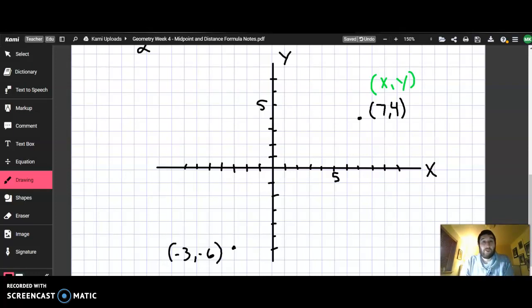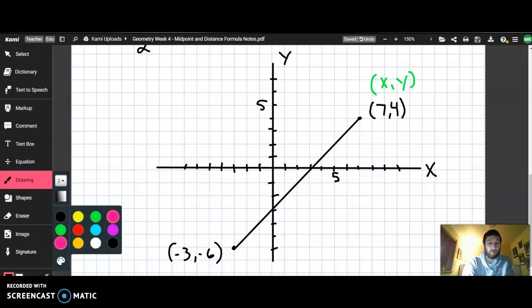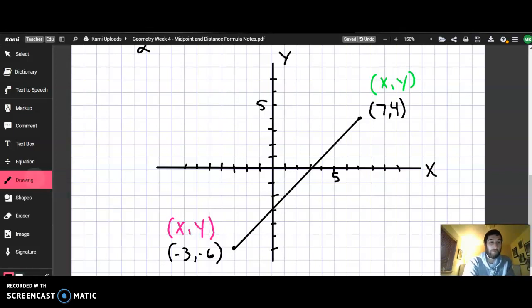So let's talk about finding the average. Let's talk about finding the middle. This is our line segment. Both points are (x, y). We have a pink and a green one here. If we want to find the middle, we could try to count and work through that.